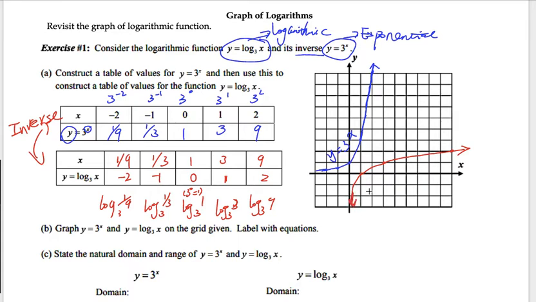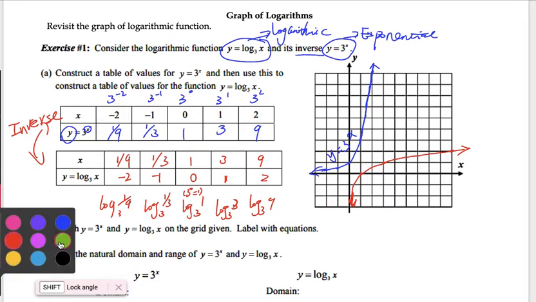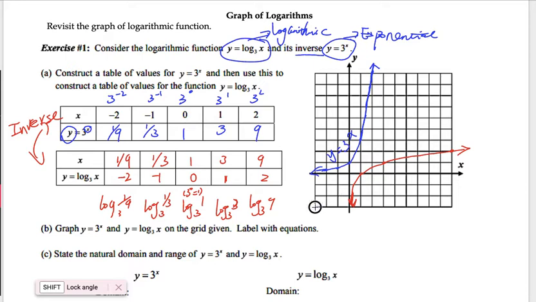Okay, so if you check both graphs, it's like this graph is flipped. I'm going to draw a middle line here. Actually, this time I'm going to use this one. Hold on. Let's use green.